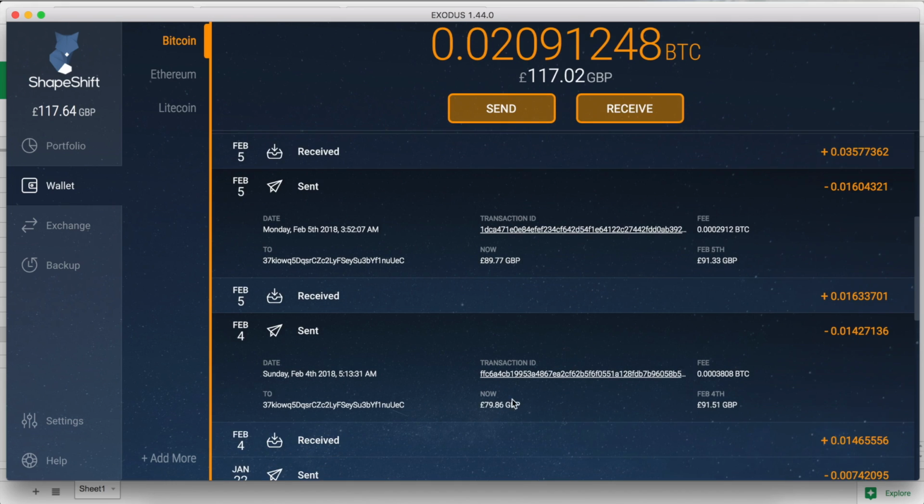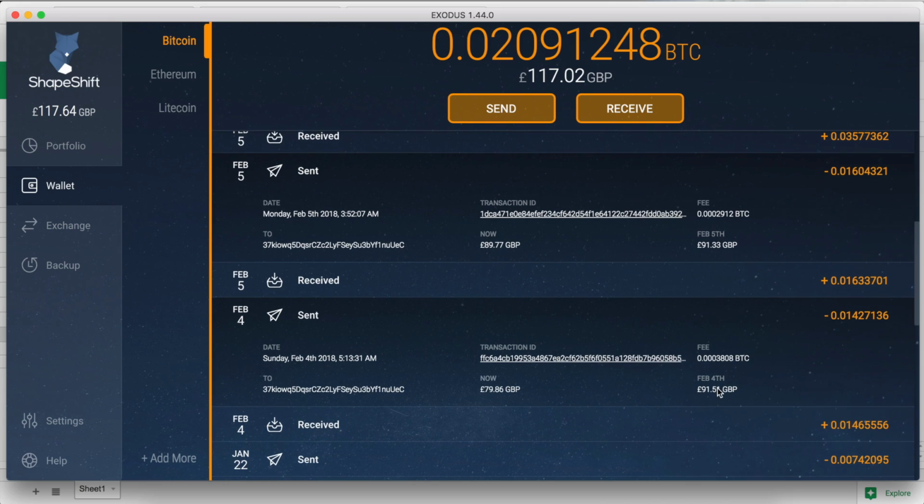It lists two prices, now and the date that you actually sent it. The price I want to enter into my spreadsheet is the older figure here, because that's how much I actually sent in.